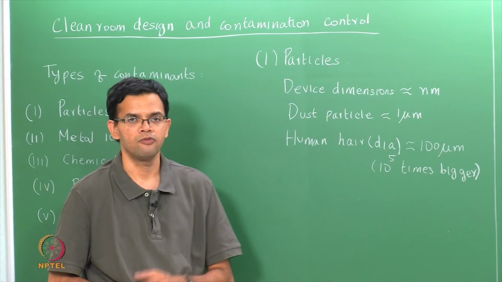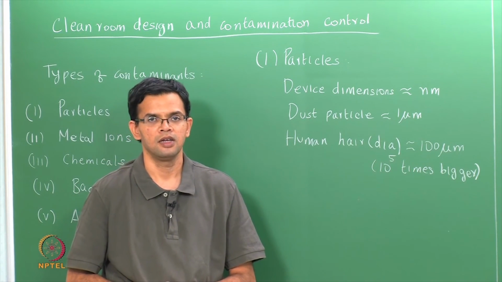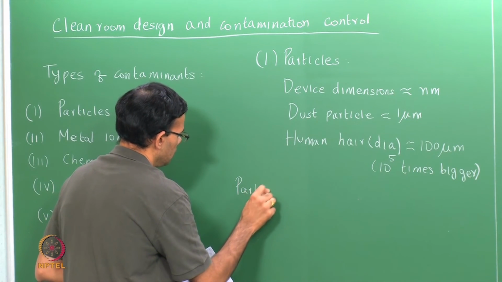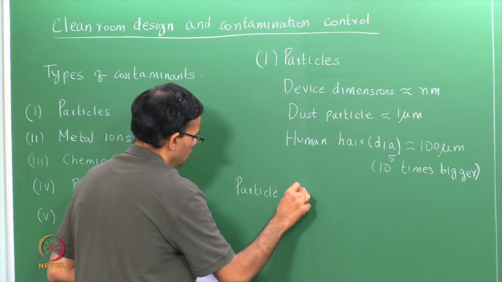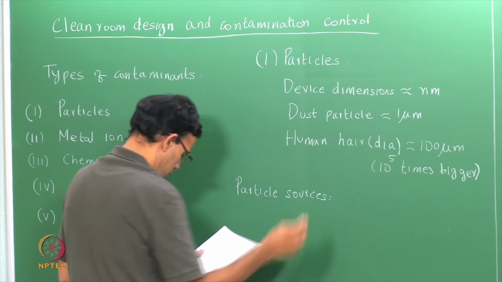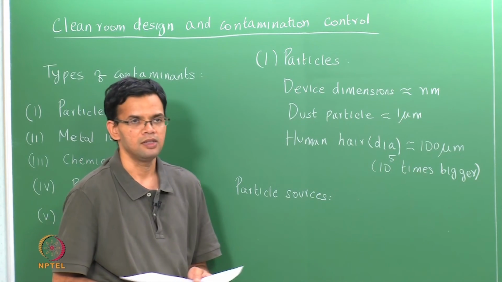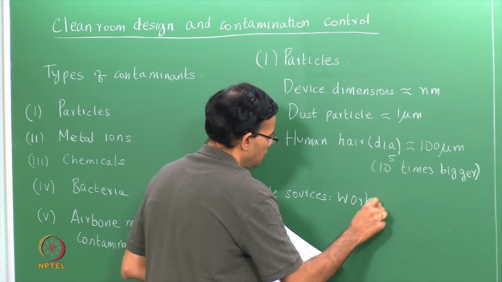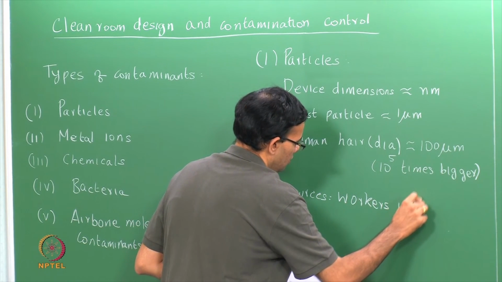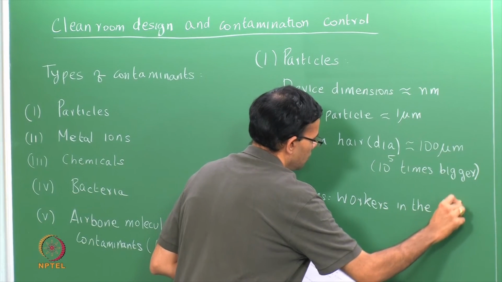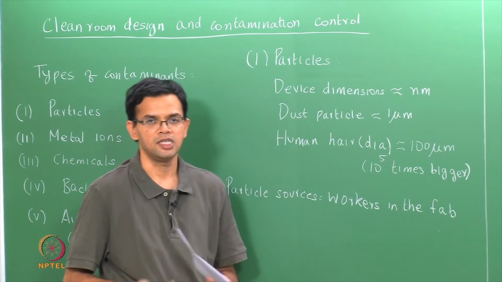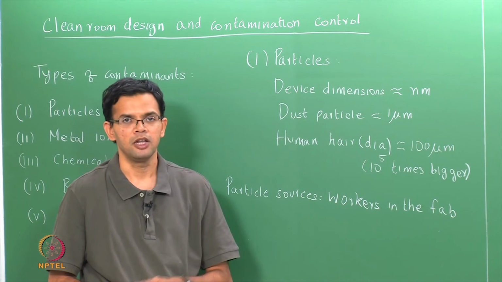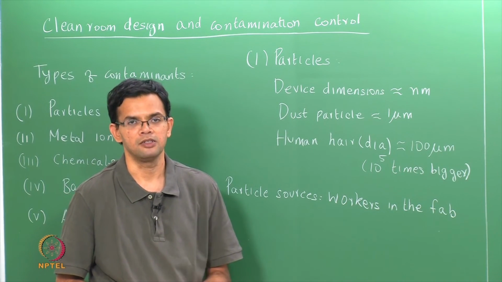So what are some of the sources of particles in the case of a fab? The main source of particles is the people who actually work in the fab. So these are the workers. This is one of the reasons that special suits are worn by people working in the fab in order to minimize any particle sources.